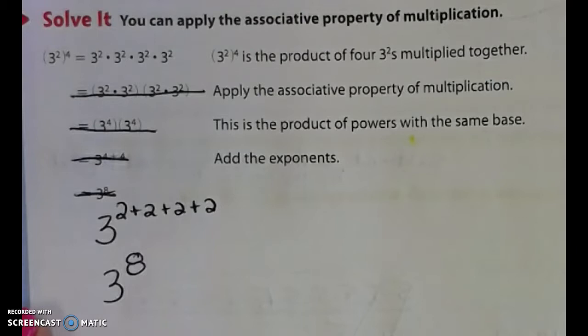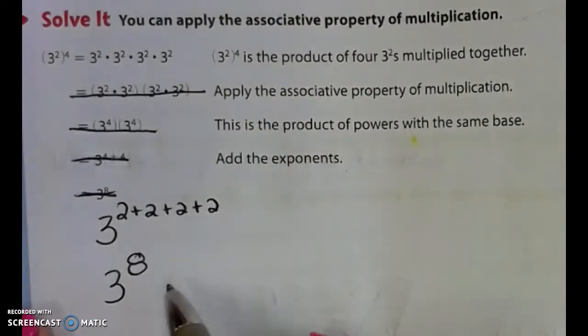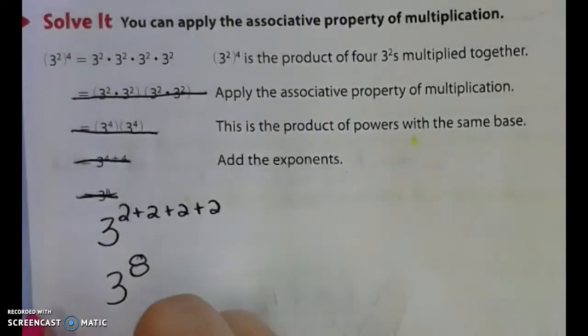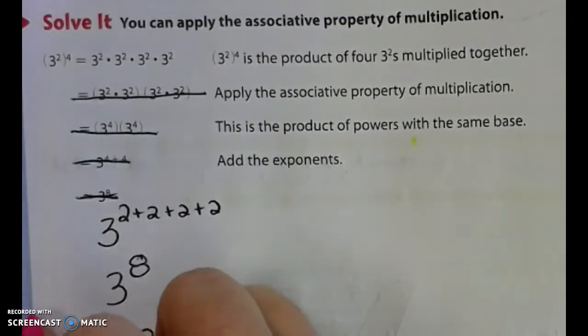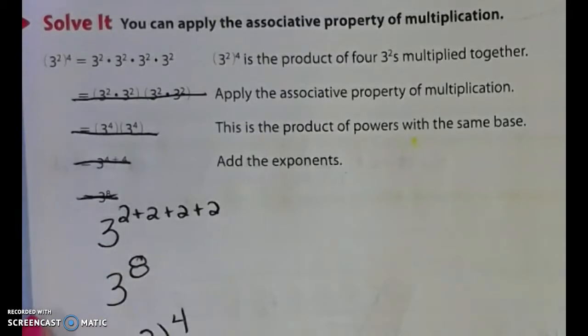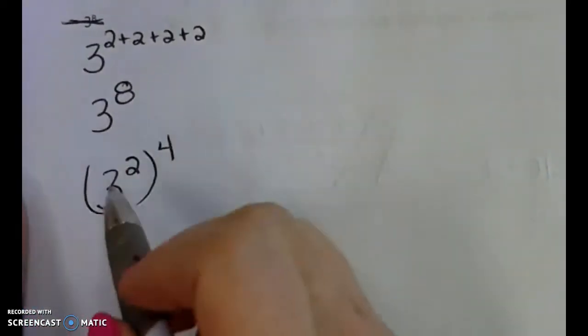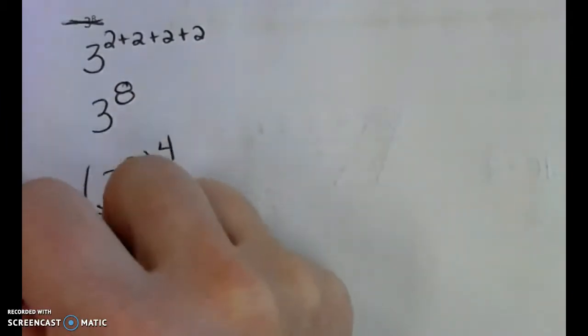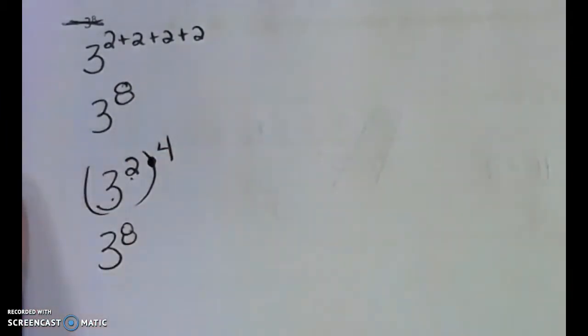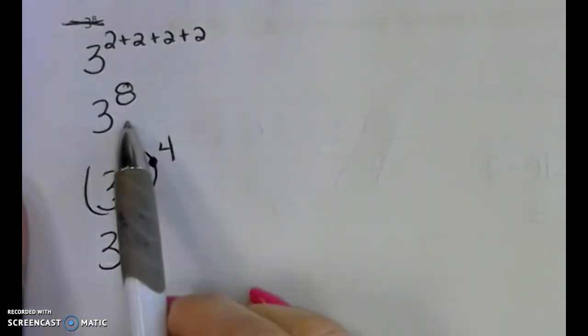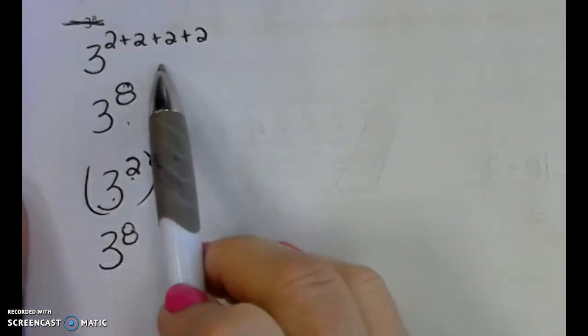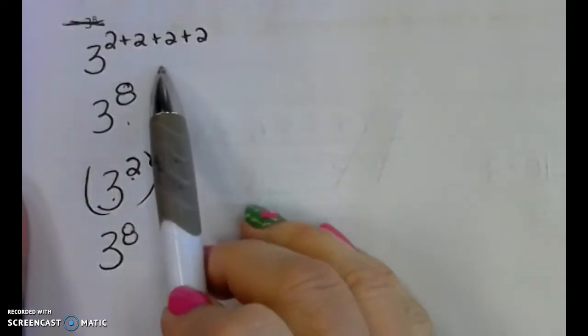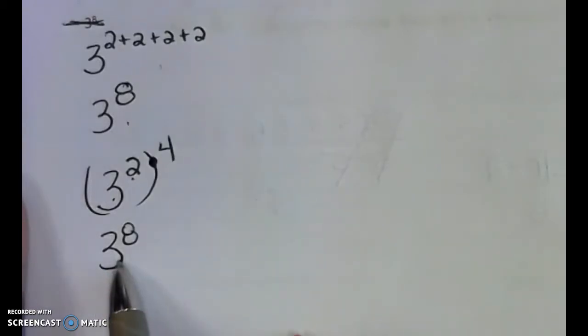Now, if you use the power rule, you would know that we keep the base and we multiply those two exponents together. So you've got 3 to the 2 times 4, which gives you 3 to the 8th. You get the same answer. If you expand, this would be the product rule, and this would be the power rule, which keeps you from having to expand it.